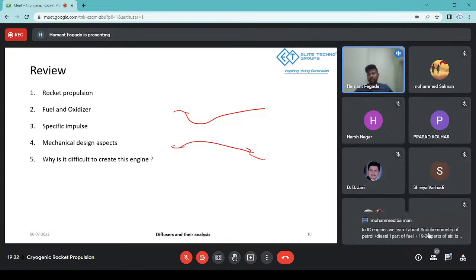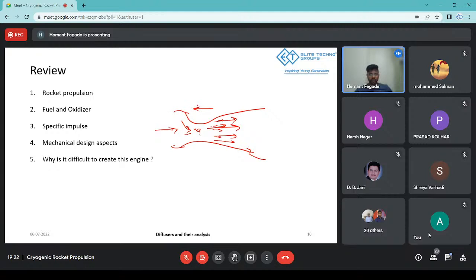Okay. Basic concept is if you pass a fuel over here, it will lose its pressure, it will gain its velocity over here. And when it is exited from here, it basically gets thrown out. So due to that, your reaction force increases and basically you're able to generate more amount of thrust.